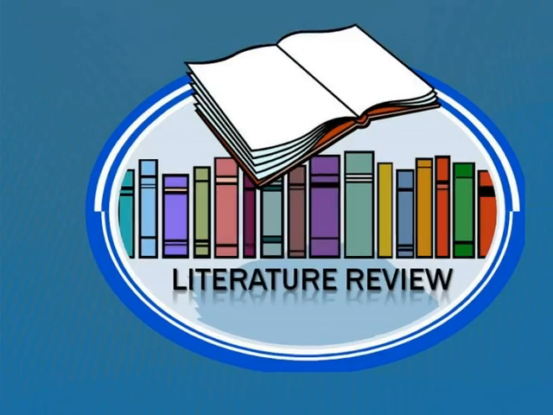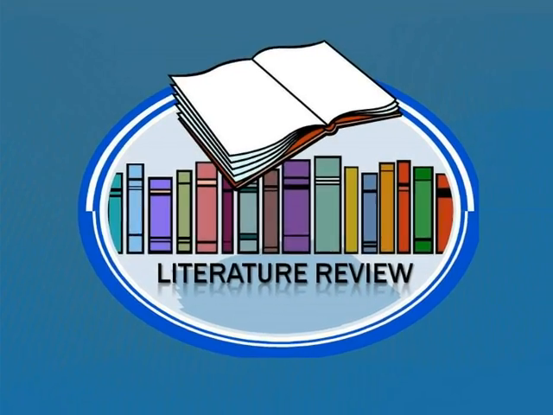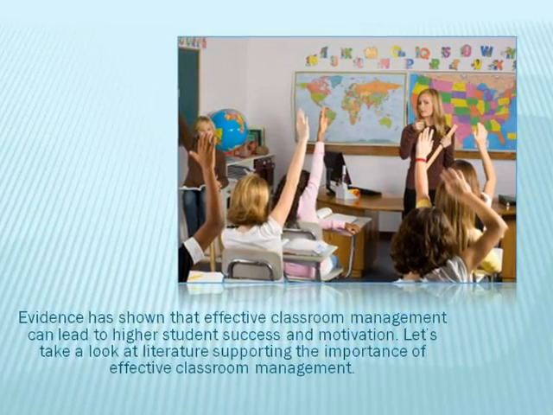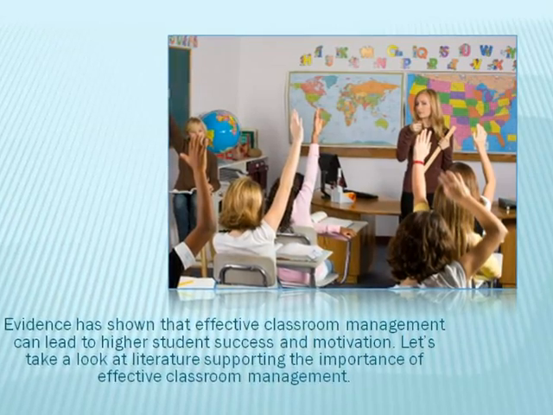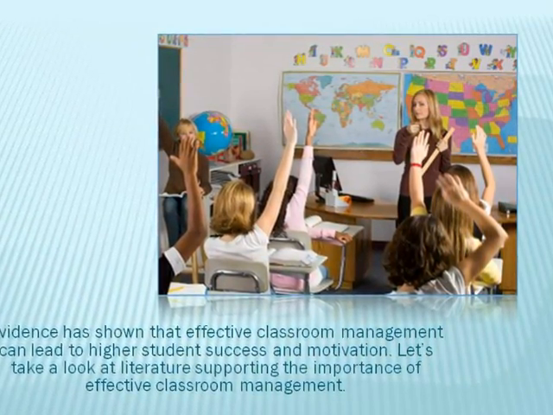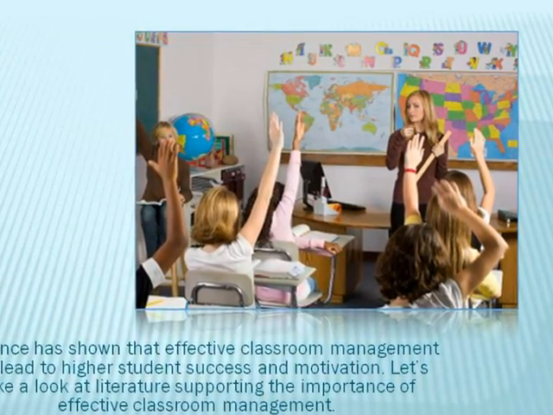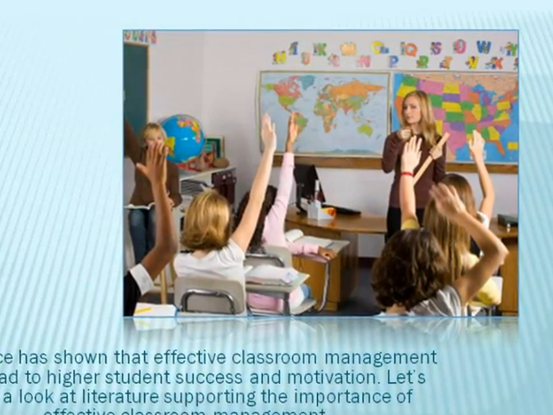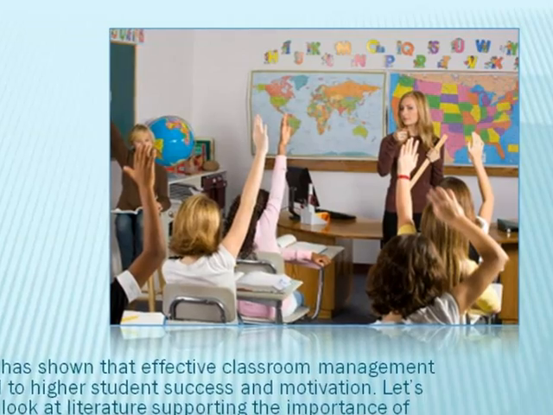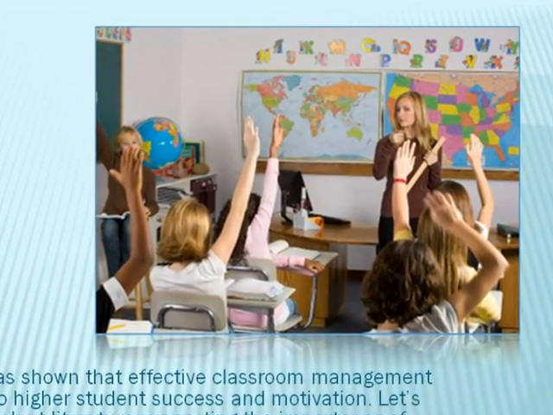Now for a literature review. Evidence has shown that effective classroom management can lead to higher student success and motivation. Let's take a look at literature supporting the importance of effective classroom management, and this includes recent studies.